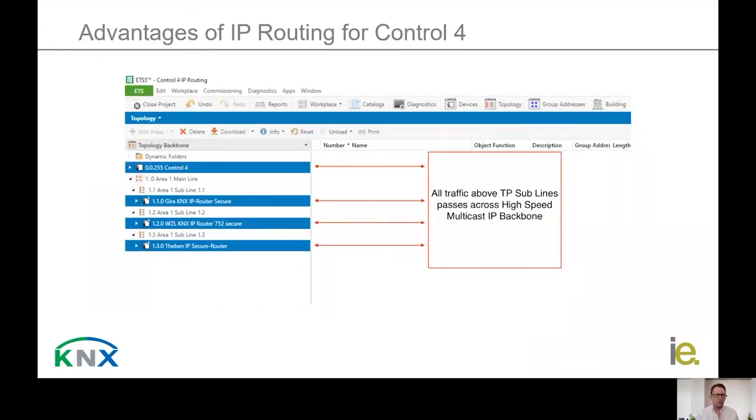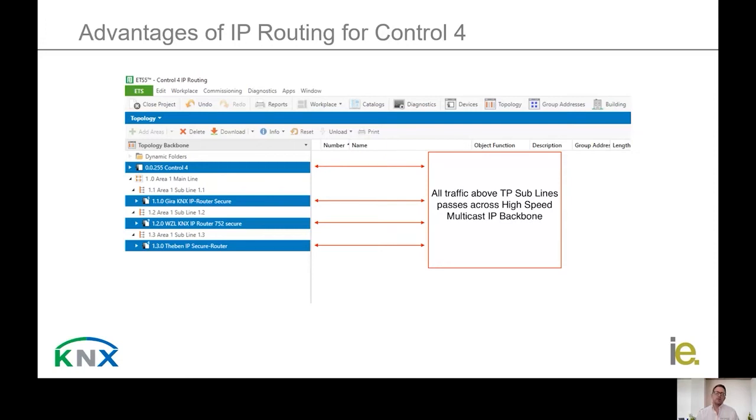So taking the last couple of points into account, for a KNX installation with multiple twisted pair lines, there are not any higher twisted pair lines above the sublines. Everything above that is IP. And commands and feedback telegrams are transferred between KNX and Control 4 over KNX IP at high speed. They're only retransmitted on twisted pair lines where the telegrams are relevant.